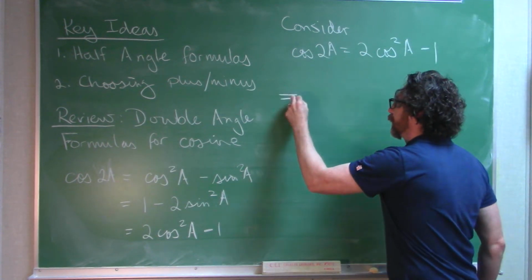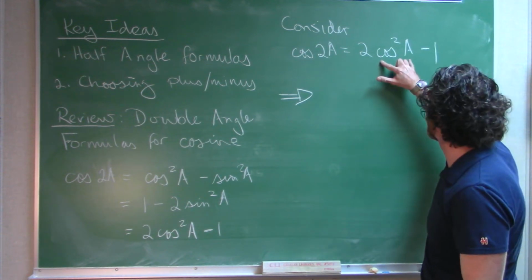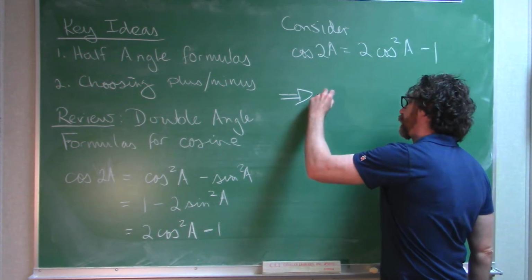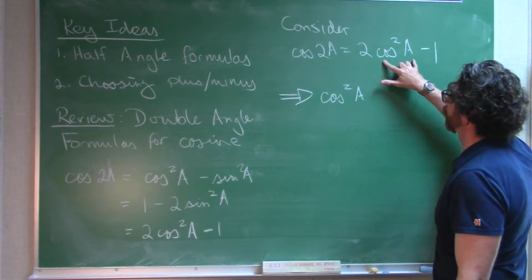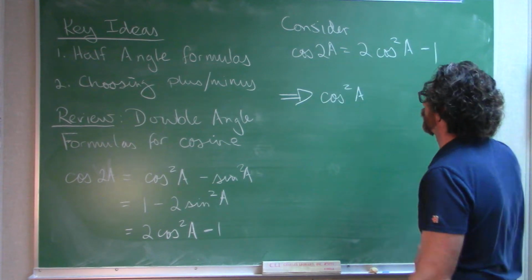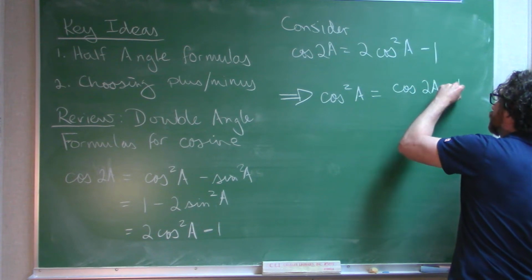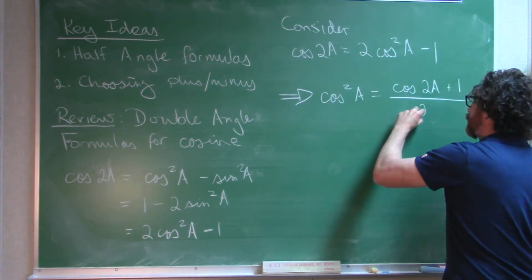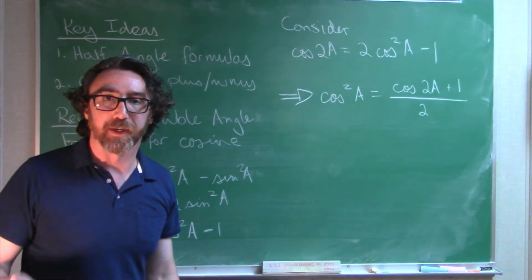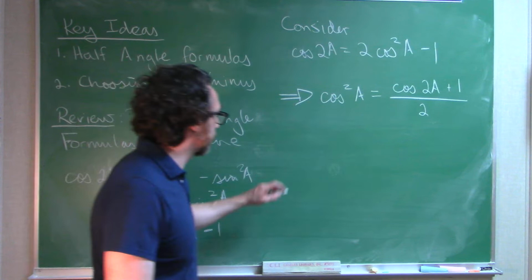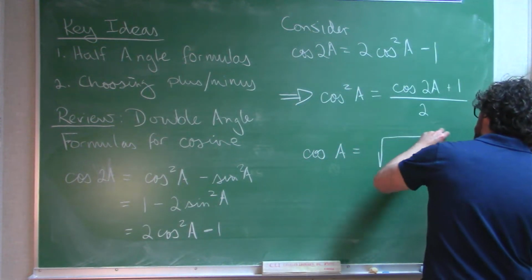Now what we can do is solve this equation for cosine a. So first thing I'm going to do is get cosine squared a by itself. I'm going to add 1 to both sides, and then I'm going to divide by 2. Now if I know what cosine squared a is, I can work backwards and get cosine a by taking the square root.